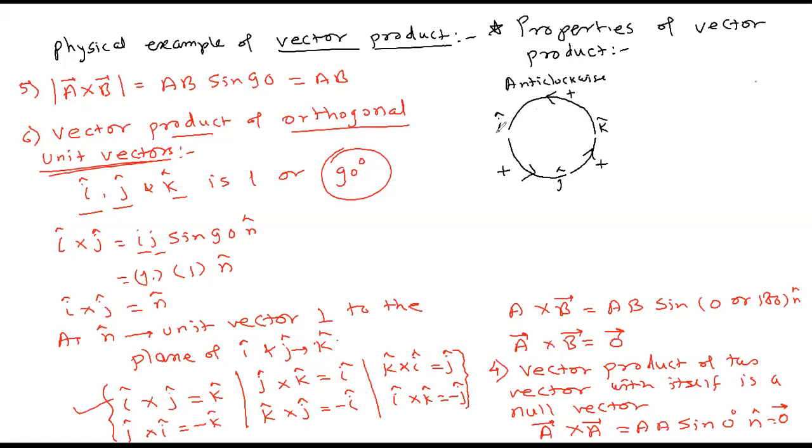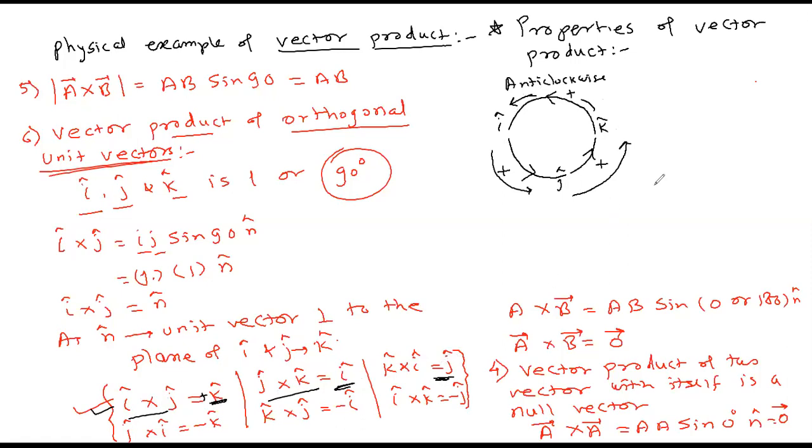That means i cross j is equal to k, plus sign. Then j cross k gives plus i, and k cross i gives j.